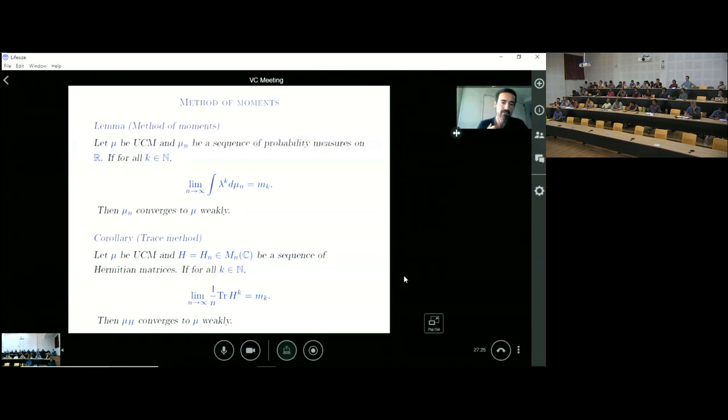It says that if you have a sequence of matrices H such that the normalized trace of H to the power k converges to m k, where m k are the moments of a measure mu which is uniquely characterized by its moments, then the empirical distribution of eigenvalues converges to mu weakly. If you have questions, do not hesitate to stop me, or if it's too slow or too fast.